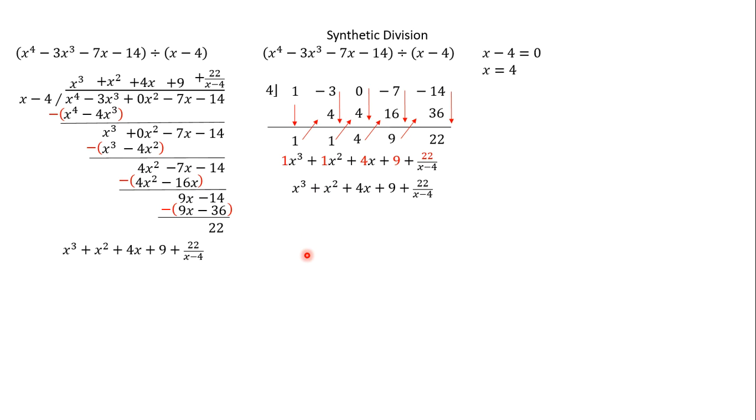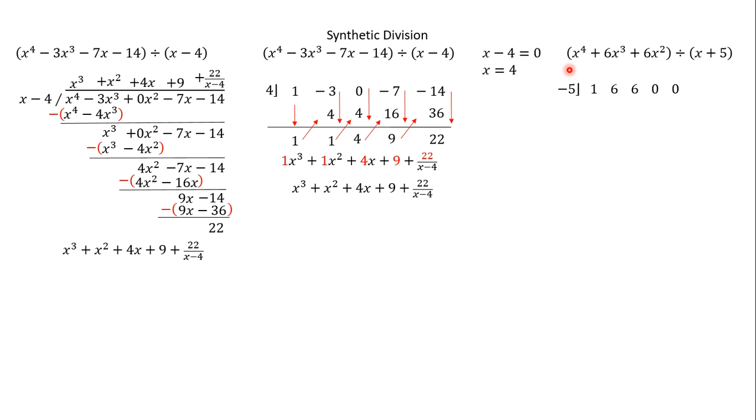So let's look at some more synthetic division, because this is kind of weird. So let's look at this one. X to the 4th plus 6x cubed plus 6x squared divided by x plus 5. So we're dividing by x plus 5, which means that we're going to need a negative 5 in here.